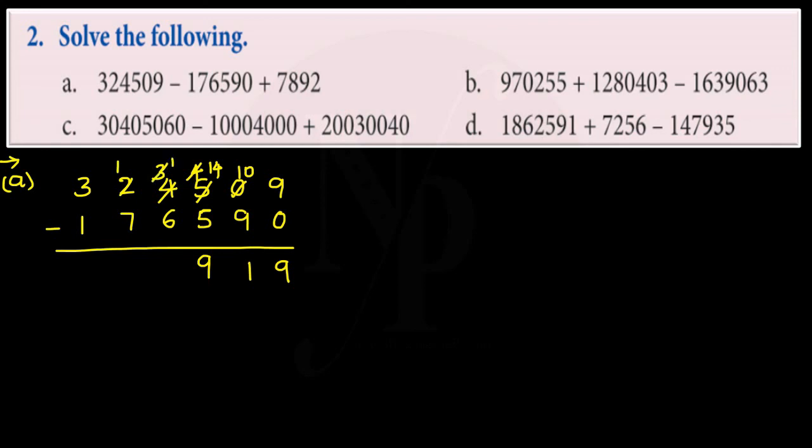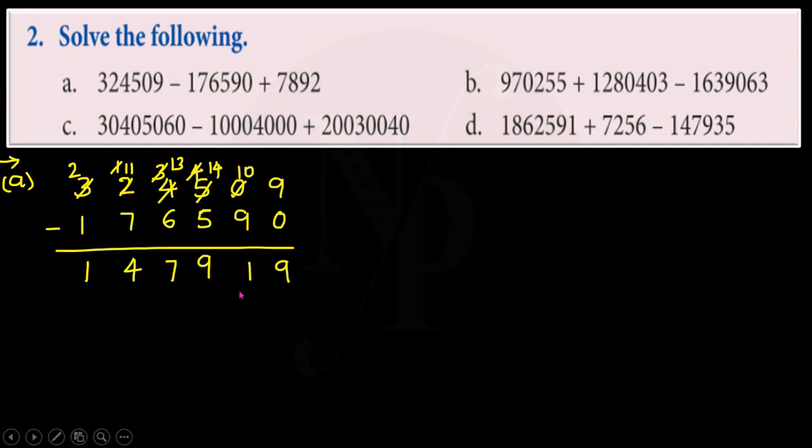This will become 13. Subtracting 6 from 13 you get 7, and again regrouping, this will be 2 and this becomes 11. Subtracting 7 from 11 you get 4, and here subtracting 1 from 2 you get 1. So the difference we obtained is 1,47,919.